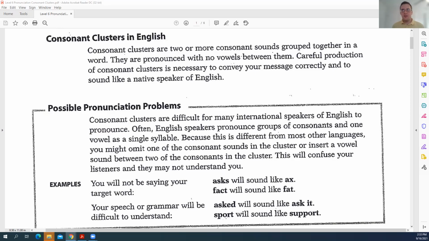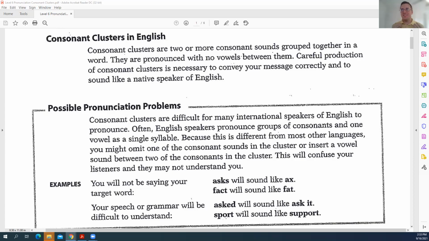Some possible pronunciation problems, depending on your native language. Consonant clusters are difficult for many international speakers of English to pronounce. Often, English speakers pronounce groups of consonants and one vowel as a single syllable.